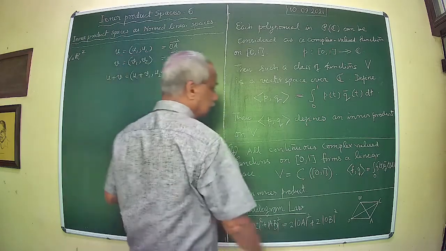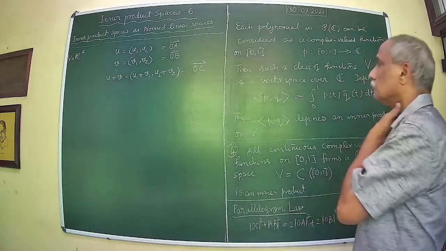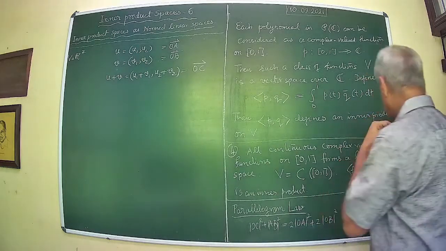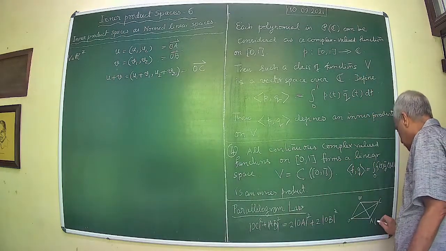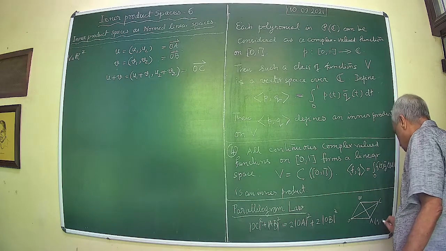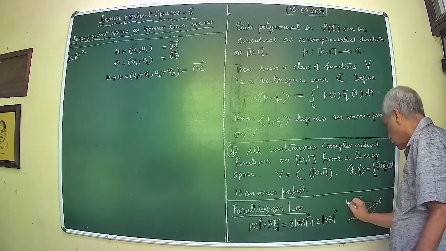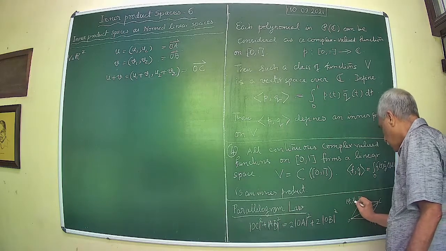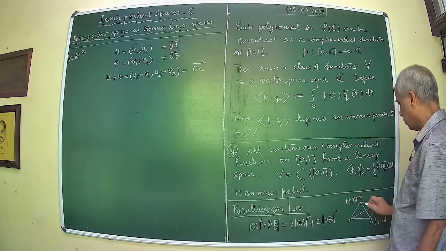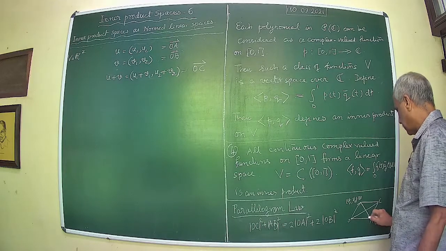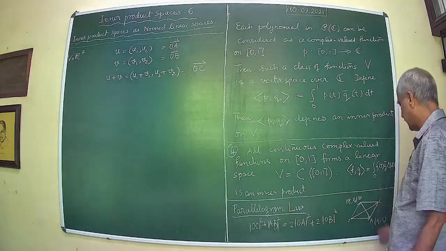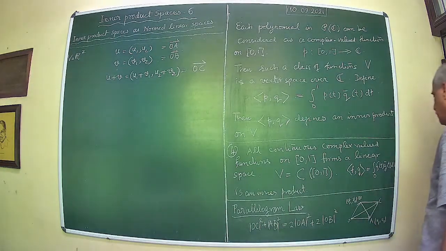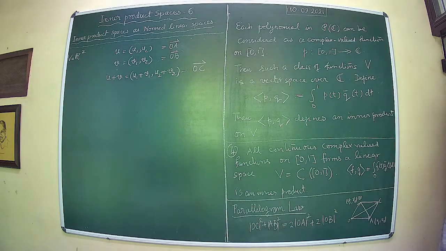OC, the same figure. So this you call OB. OC is (u1 plus v1, u2 plus v2).